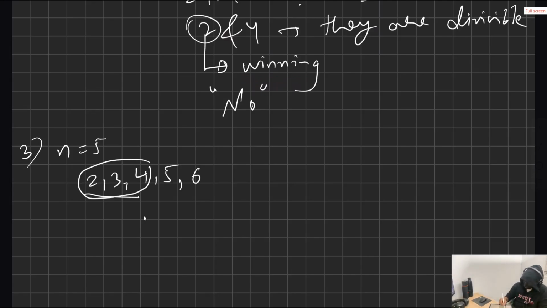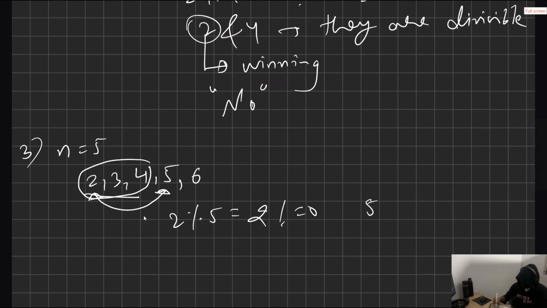Now let's consider 5. We need to check it against all the others. When you take 2 and 5, they can't divide each other, so 5 is winning.